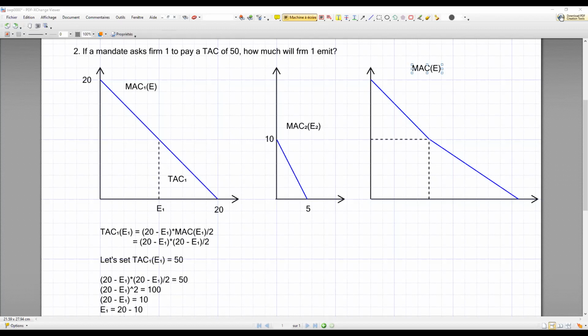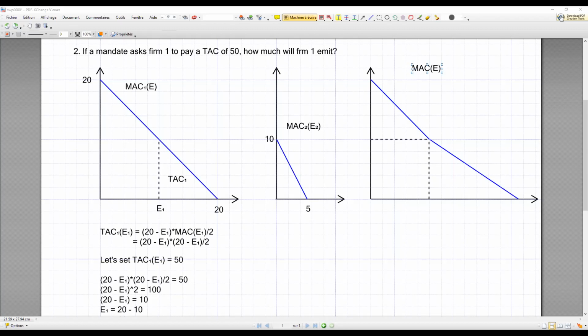But at some point my lake is quite clean, and if I really want to extract the last molecule of pollution, it becomes very, very expensive. But yeah, you're right, it doesn't always have to be positively sloping, but at the exam it's going to be either constant or upward sloping.